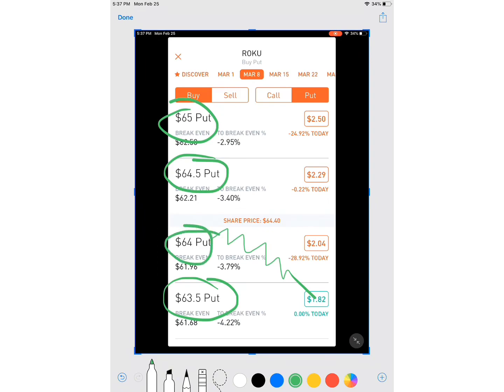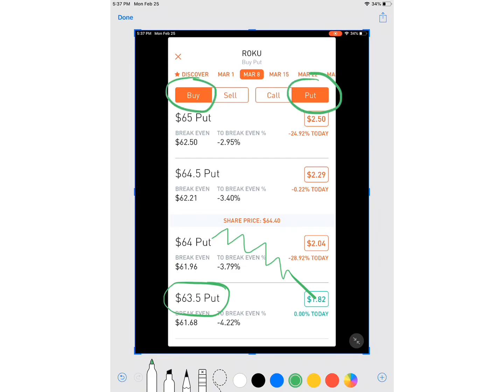When I'm doing a put, I do 1 or 2 spaces below. So I'm going to do this, right? With the limit of 1.82, so that would be $182. But more than likely, I'm buying near the ask. Whenever you're buying, whether it's a put or a call, you're buying near the ask. Remember, I'm buying a put.